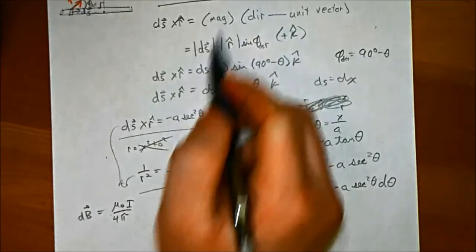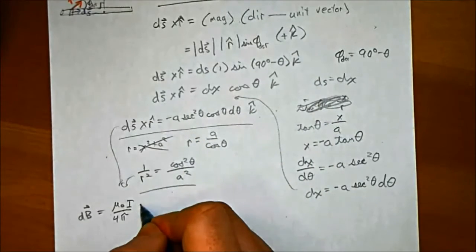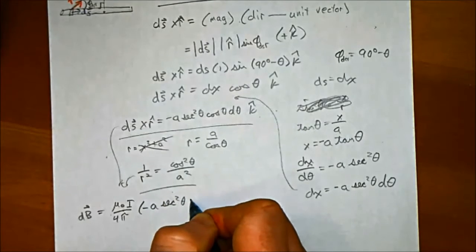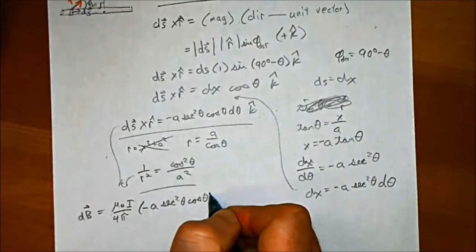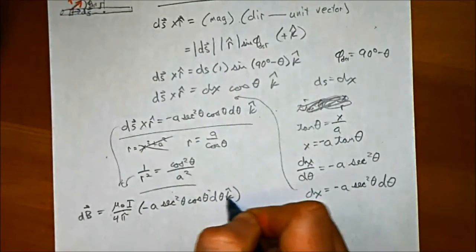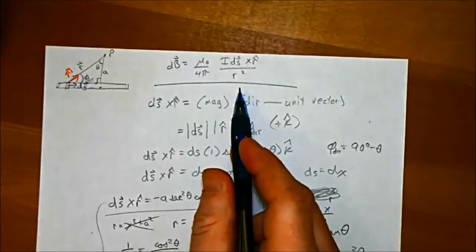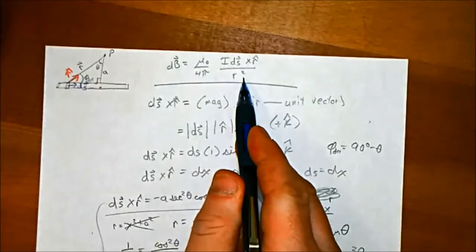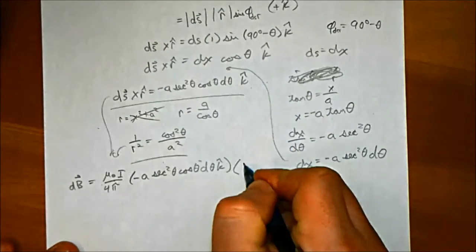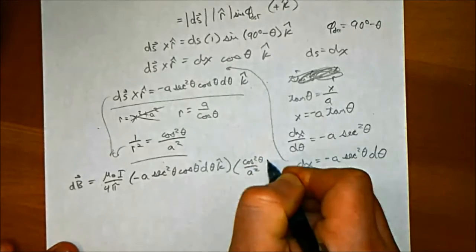Now I've got this cross product that is here, and it is negative a secant squared theta cosine theta d theta k hat times 1 over r squared, because you're basically multiplying this by 1 over r squared. So this is times cosine squared theta over a squared.